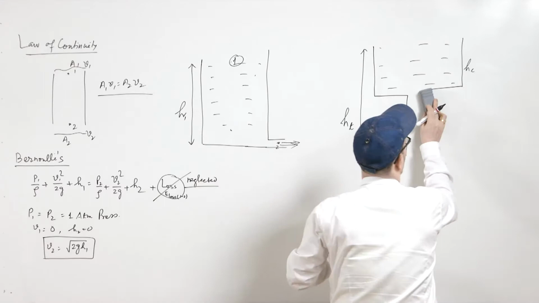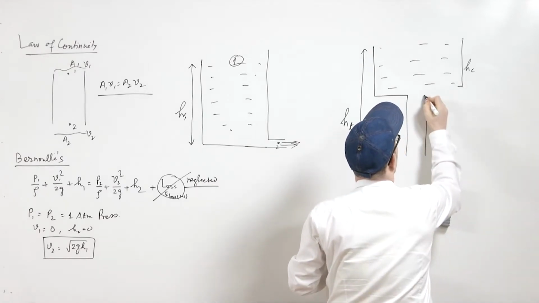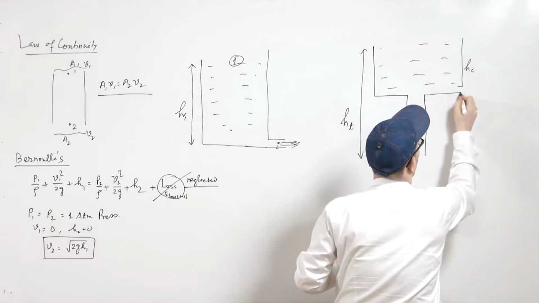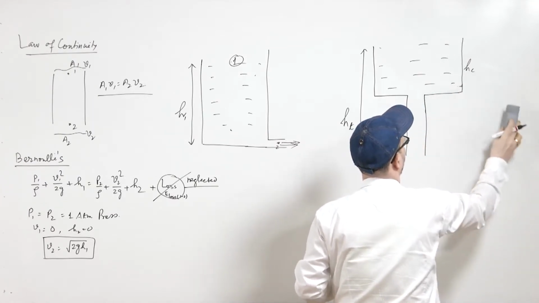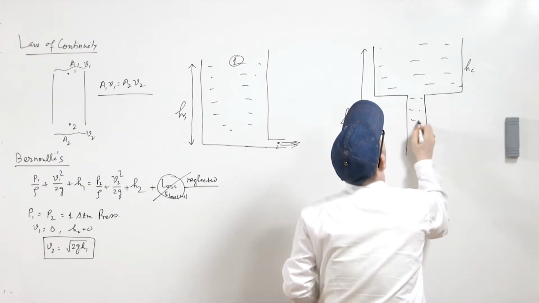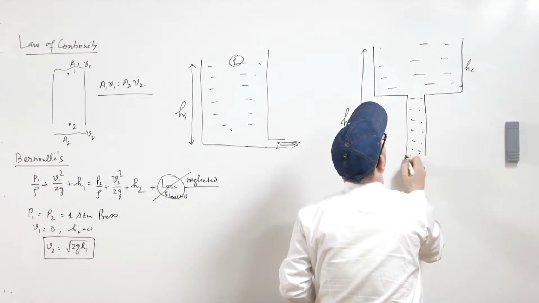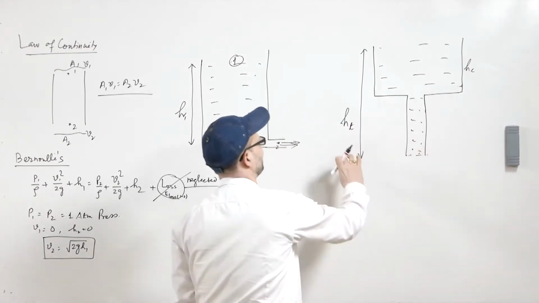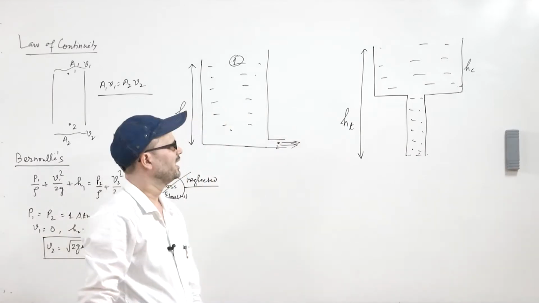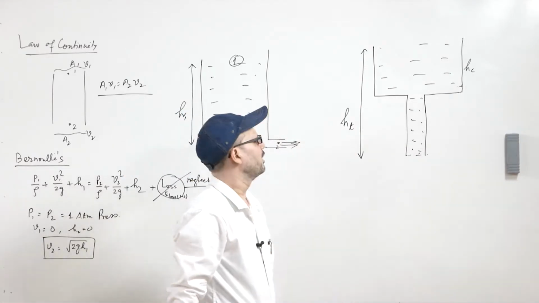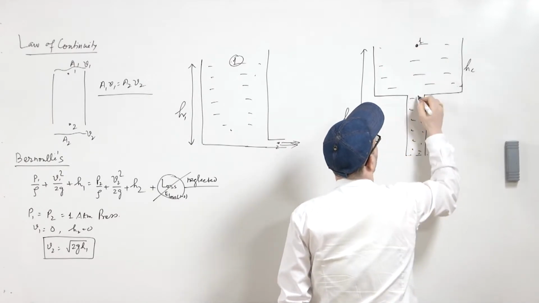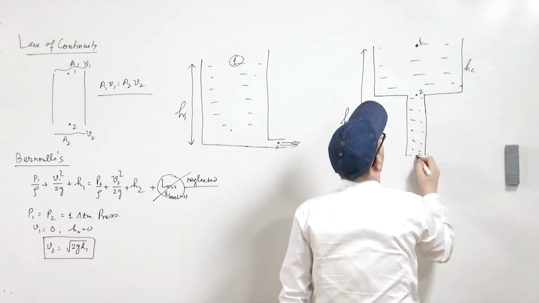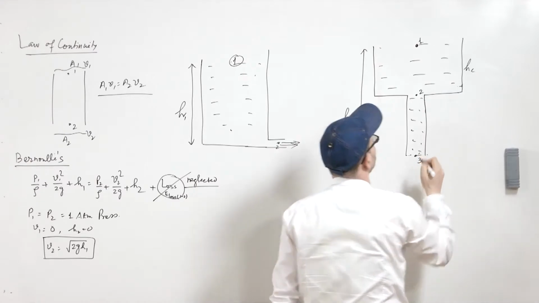This is the vertical sprue, and the liquid metal comes through this to the lower portion. Now, this is the total height HT and this is HC. Now, this is point 1, this is point 2 and this is point 3.